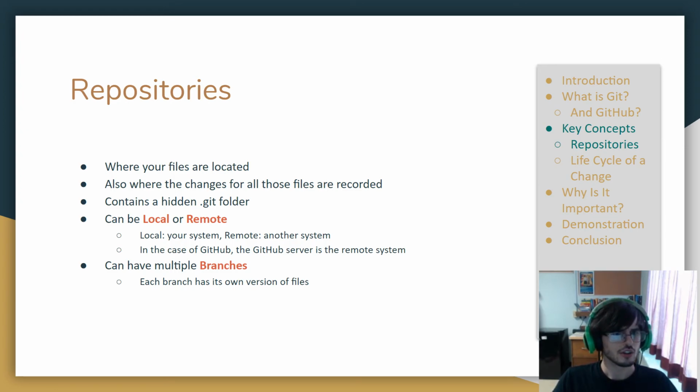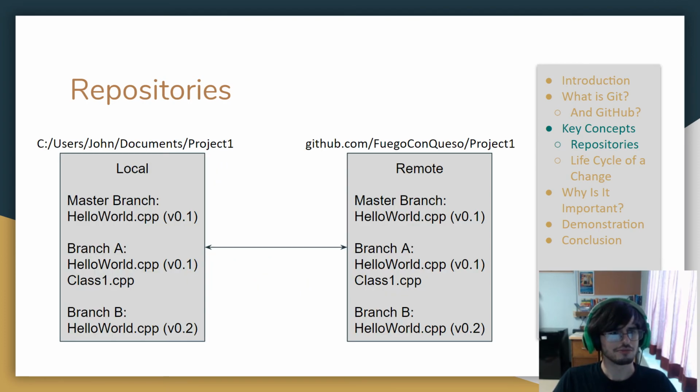So, a quick look at that a little bit. Now, this isn't going to be how your folder is going to look, but this is just a logical explanation of what's going on. So we have our local repository, which in this case is the folder C:\Users\John\Documents\Project1.